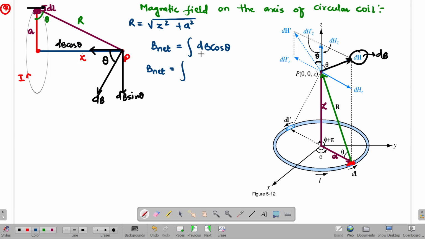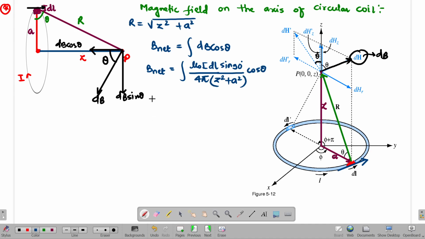Basically, our dB over here is nothing but mu naught I dl. And if you look at I dL and R, R is also perpendicular to this dL or not? So sine 90, divided by 4 pi r square, which is z square plus a square, times cos theta. Is that clear?